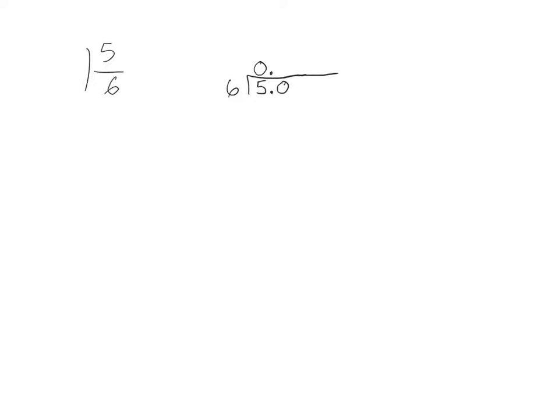So the new question becomes, how many times does 6 go into 50? So what you're going to do is you try a whole bunch of multiplications in your head. I'll just write it down for you. And I see, well, 6 times 8 I know is 48. 6 times 9 is going to be 54 here.